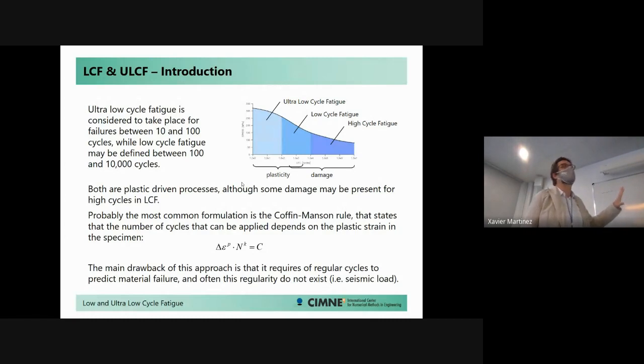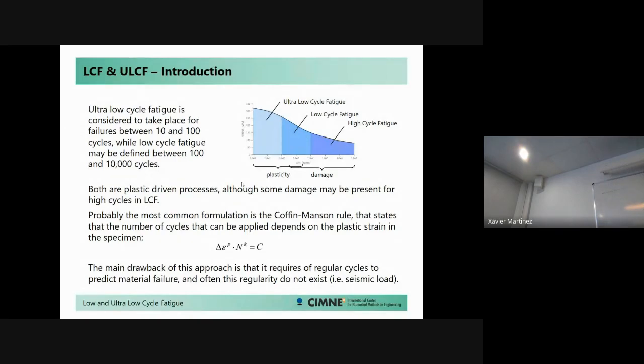And in this case, if we want to find something similar to the S-N curve or the Wöhler curve, what we have is the Coffin-Manson curve that replaces the stress amplitude with the plastic strain amplitude. As we are in the plasticity range, we have to look at plastic strains in order to know when this material will fail.